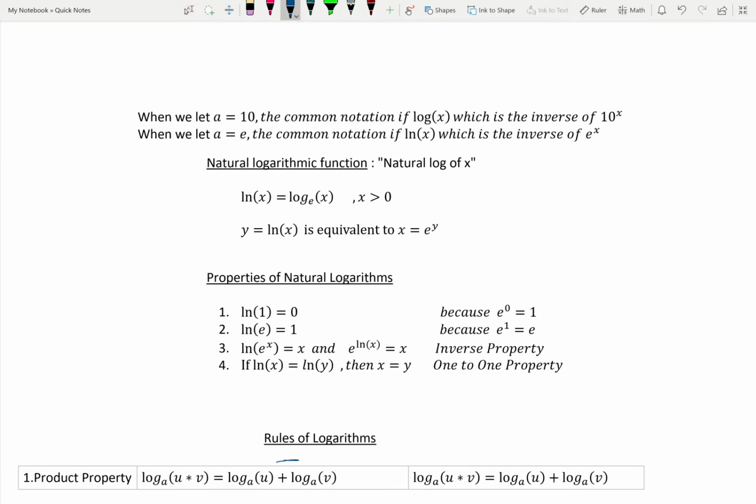So for example, if you have log base 3 of 7 times x, you can break this up into log base 3 of 7 plus log base 3 of x.